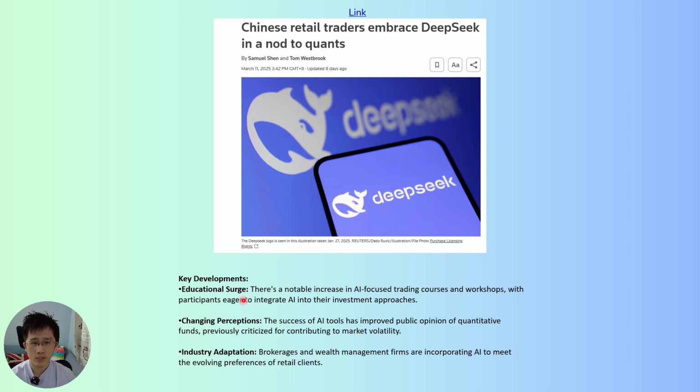Then of course there's changing perception. If you are not very familiar with the Chinese market, I think 1 or 2 years ago they were very against these AI tools. The reason is that the retailers felt that the quant funds and prop firms make use of all this AI to, in short, make retailers lose money because of the volatility and all that.